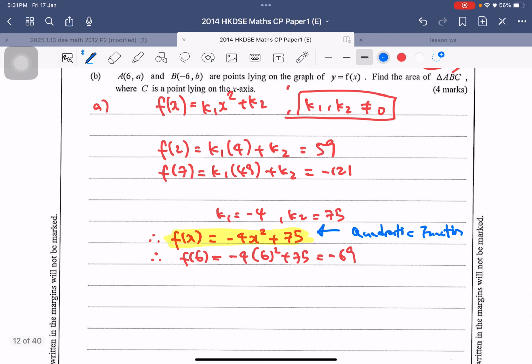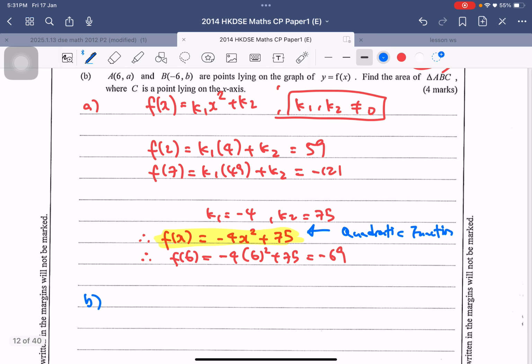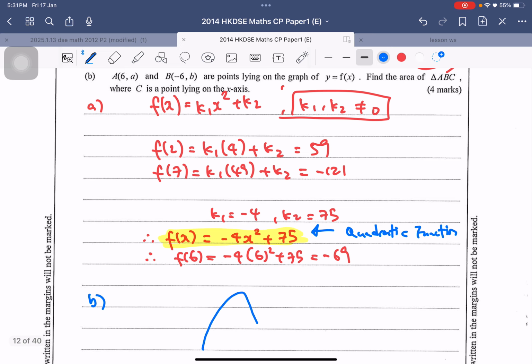It's going to look like this. Is this okay?